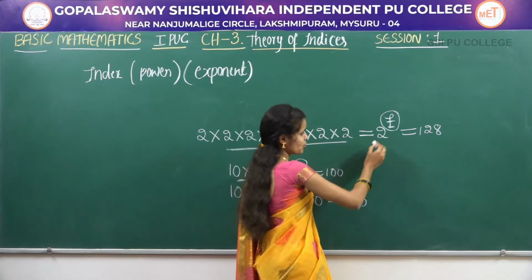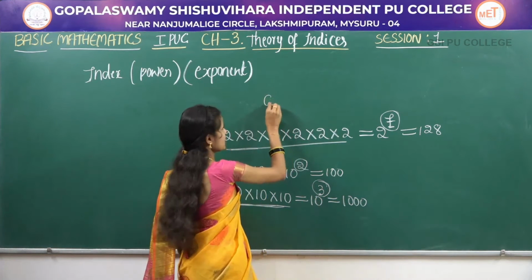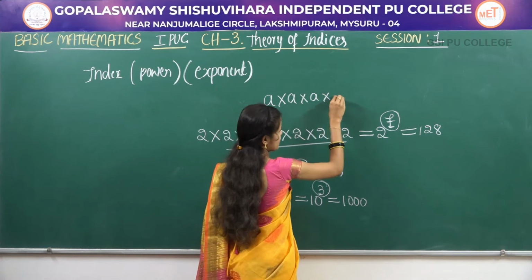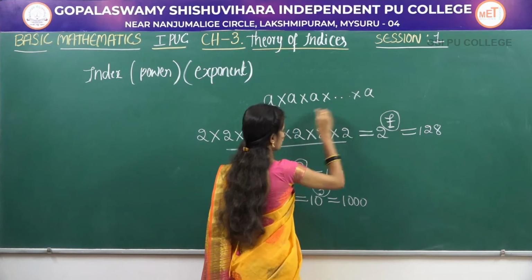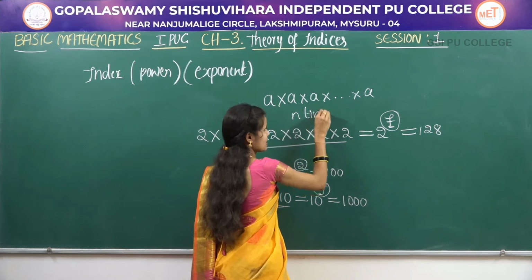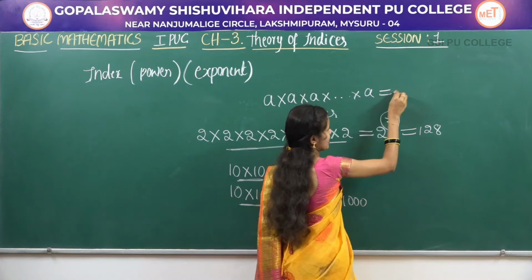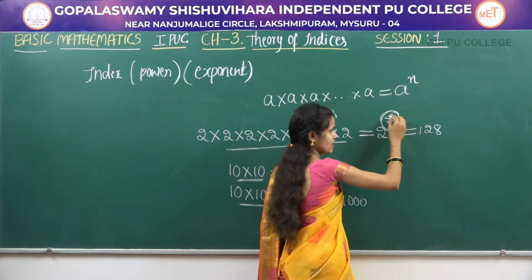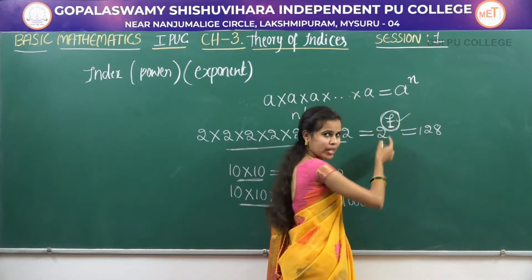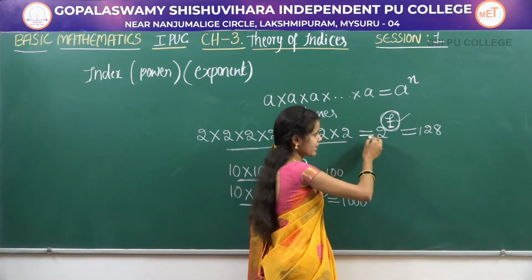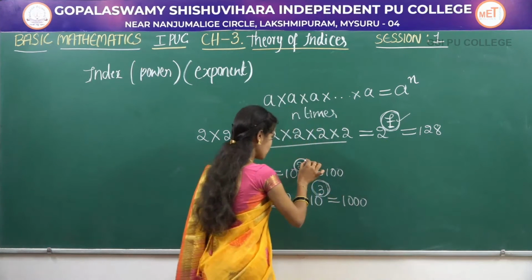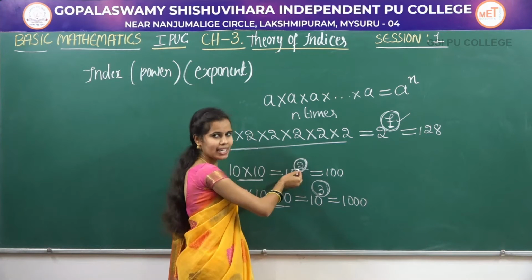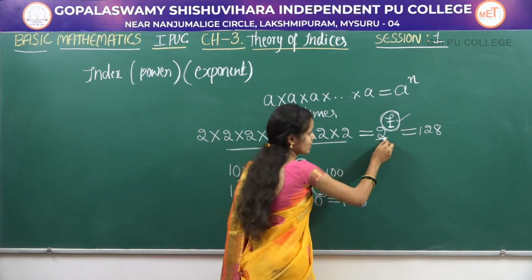So in general, consider a into a into a up to n times in total. This can be written as a to the power of n. Here 7 is called the exponent, power or index of the number, and 2 is called the base.